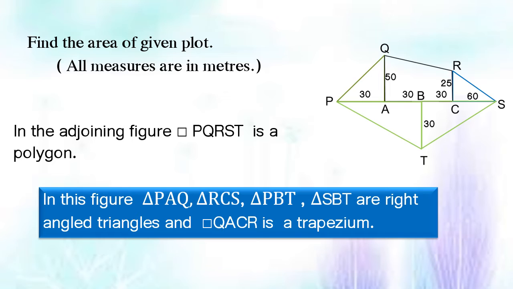Instead of taking two right angles, consider triangle PTS. This is a triangle where PS is the base and height, that is BT, is given. Therefore, with the help of area of triangle is equal to half into base into height, we can find the area of this triangle. So let's solve this.